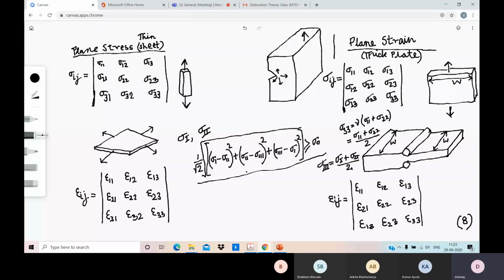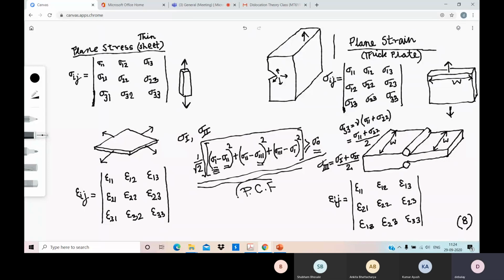So simply in the von Mises criteria, if you introduce a high positive value of sigma 2 and sigma 3, you will find sigma 1 has to be much higher than the yield strength to cause plastic deformation for the von Mises criteria to be satisfied. And that aspect is called plastic constraint factor, PCF.